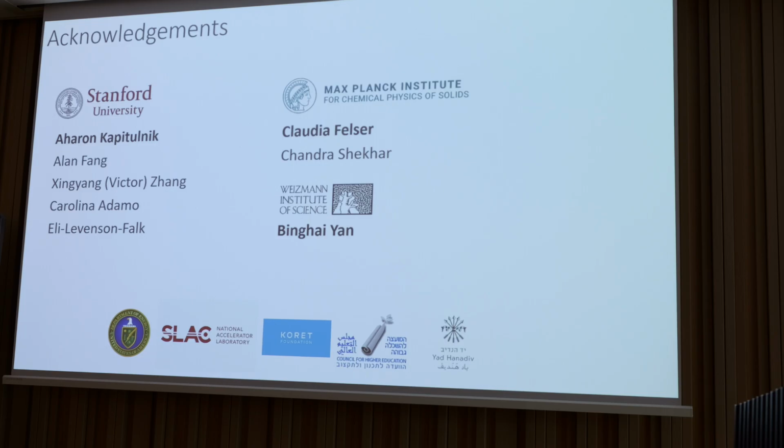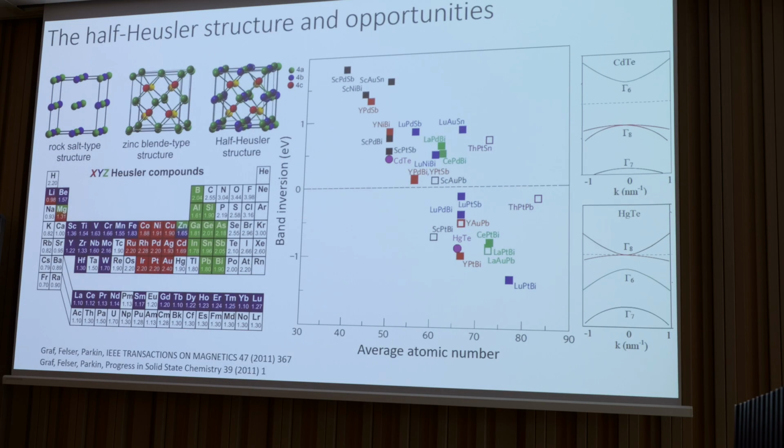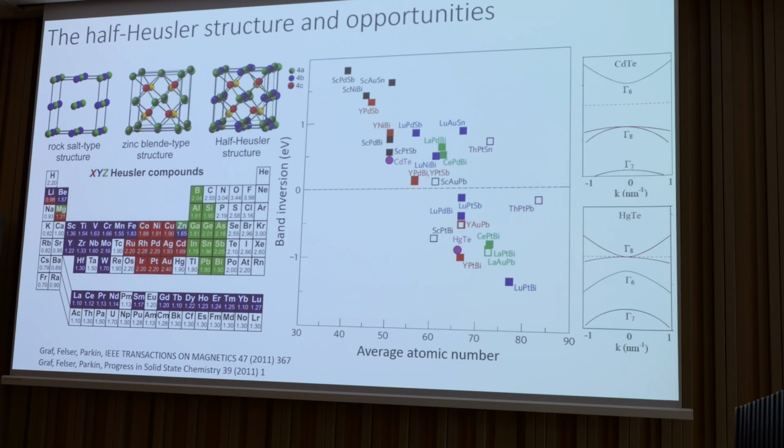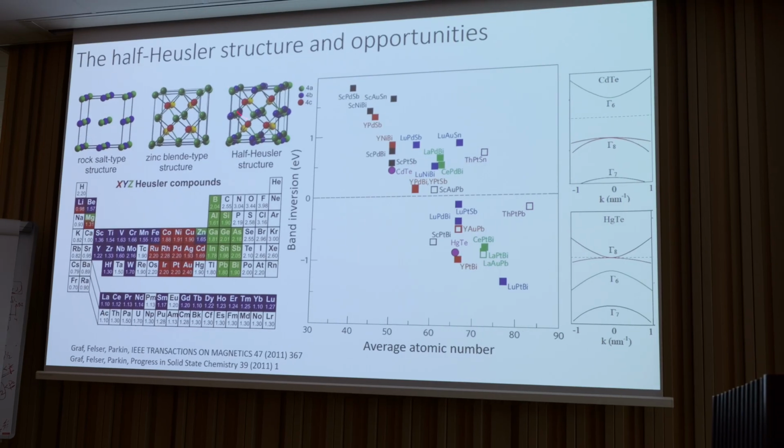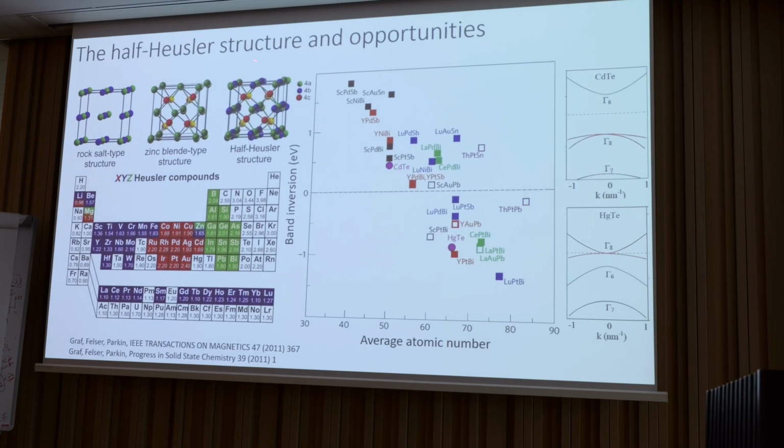So the structure that I will talk about is the half-Heusler structure, and you can think about it as three FCC lattices that are intercalated together but shifted a quarter of the unit cell with respect to each other, so you get this kind of a zinc blende plus the extra lattice, and on each site we have a different atom.